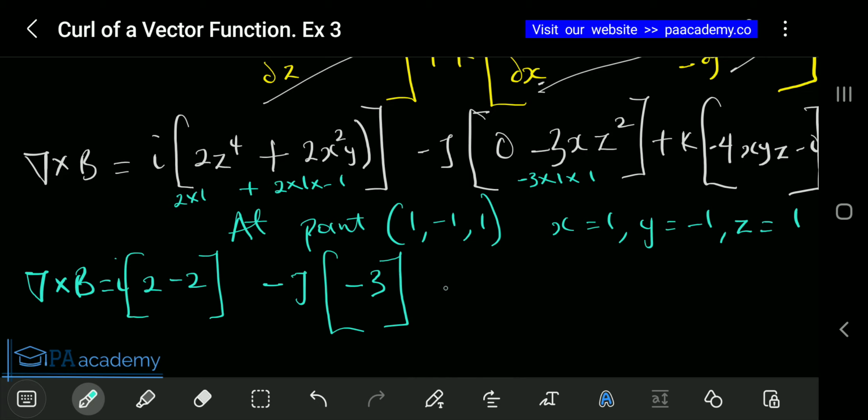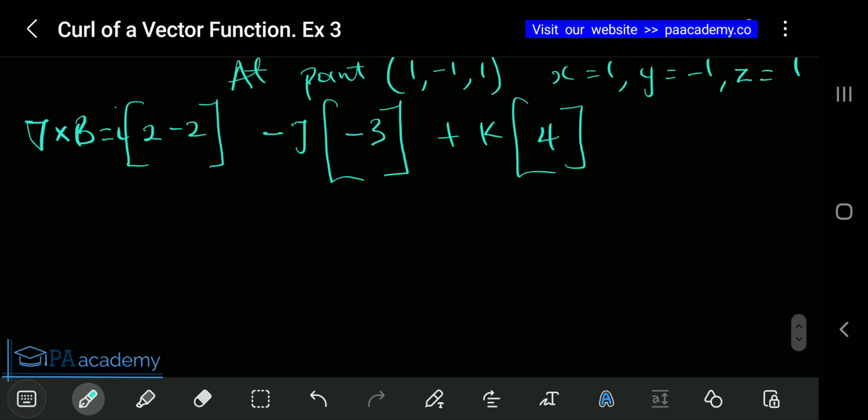So let's move over to k, so plus k. For k now we are having -4xyz. So x is 1, so that's 4 times 1, times y is -1, and then z is 1 times 1. So we are having -4 times 1, which is -4, multiplied by -1 times 1. So that will give us 4. So let's close it. Okay, so we're already close to our answer.